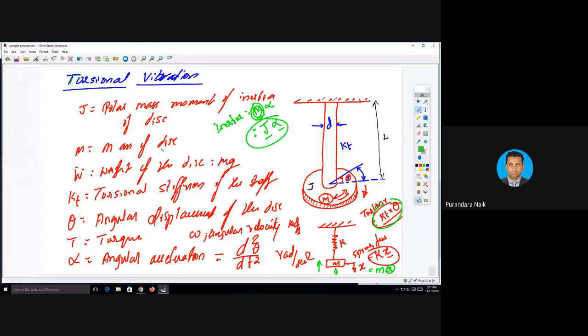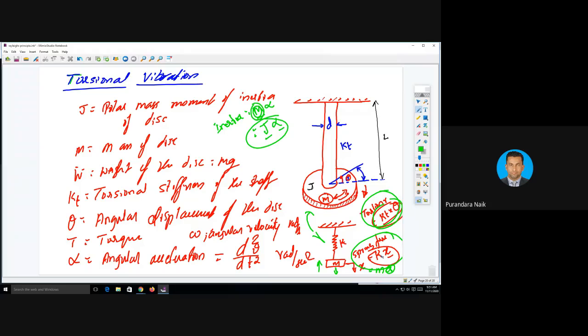Is it okay? So I have compared the spring mass system with the torsional system. The terms are different, but the concept of deriving the equation is similar. I'll go to the next slide. If you want, you can copy the spring mass system and compare the terms. First term, torsional force and spring force: here kt into theta, but in the spring system it is k into x.